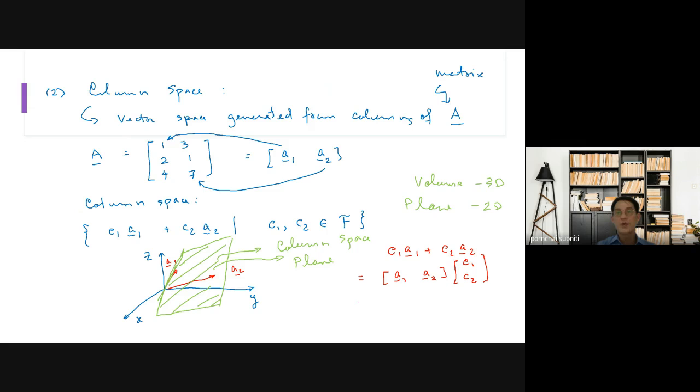Well, it means that I can write the vector space as, so this part is just the matrix A, right? And multiply with C1 and C2. So if you write it formally, we will have this. Let me go to the next page, okay? Do you finish? If you don't finish, please tell me, okay?